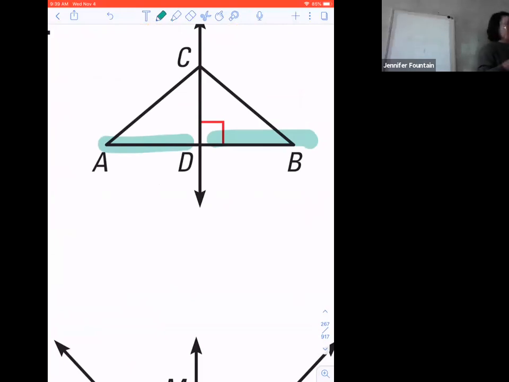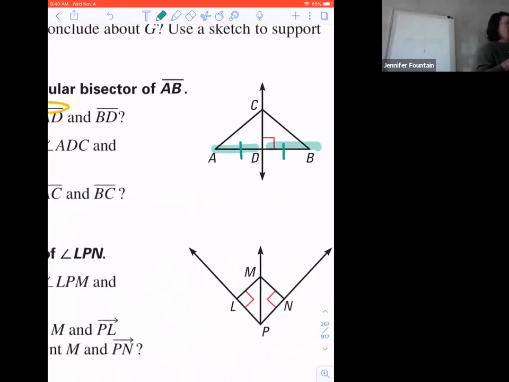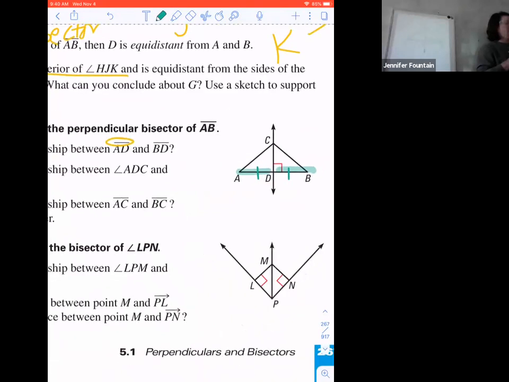If CD is a perpendicular bisector, what do I know about the measure of those two sides? They're congruent, right? AD is congruent to BD.